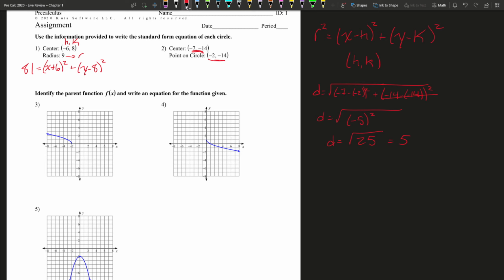So our radius is 5 units. All right, and then we have all we need. All right, so 5 squared is equal to x plus 7 squared plus y plus 14 squared. And again, you can write 5 squared as 25 if you'd like.